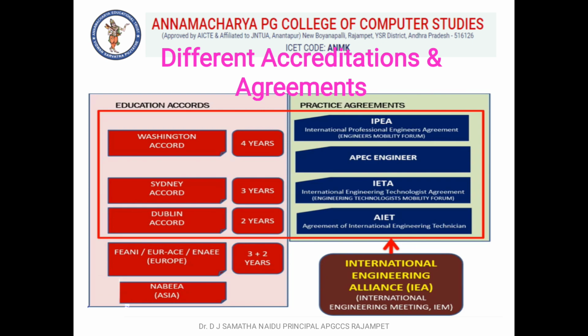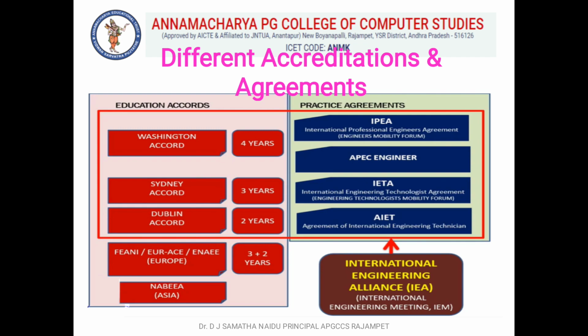What are the different accreditations and agreements? In education accords, the Washington Accord is 4 years, the Sydney Accord is 3 years, and the Dublin Accord is 2 years.